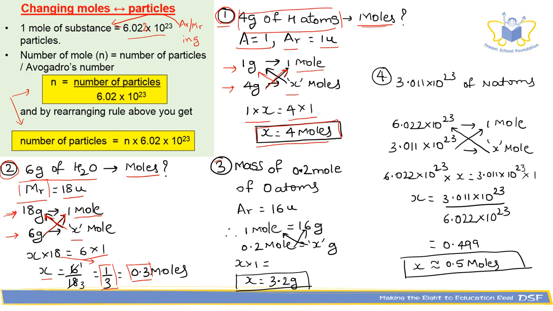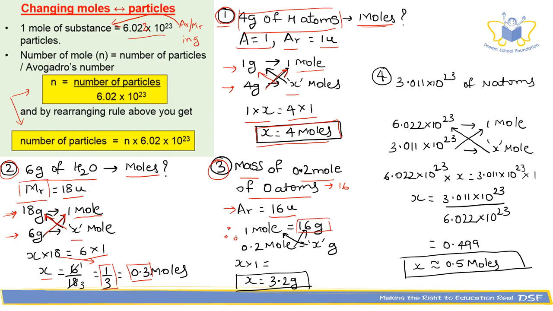Let's look at the third one. In here, you need to find out the mass of 0.2 moles of oxygen atoms. For oxygen atom, the atomic mass of oxygen is 16. So therefore, relative atomic mass of oxygen is going to be 16 U. Therefore, 1 mole is going to have 16 grams of oxygen atoms.